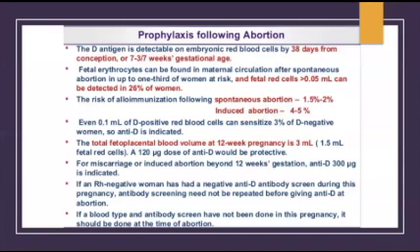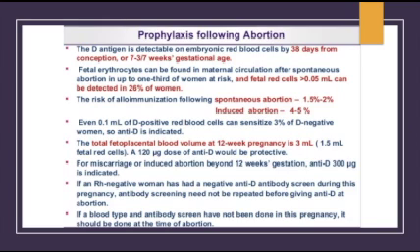Also, we have prophylaxis following abortions. The D antigen is detectable on embryonic red blood cells by 38 days from conception, or 7 weeks of gestational age. Fetal erythrocytes can be found in maternal circulation after spontaneous abortions in up to 1/3 of women at risk, and fetal red cells of more than 0.05 milliliters can be detected in 26% of women.